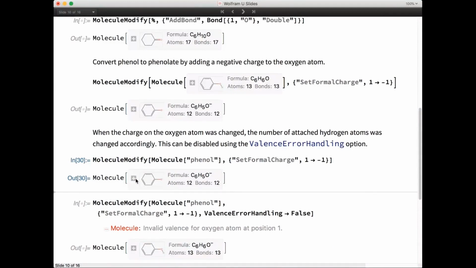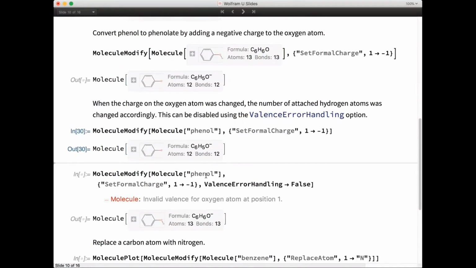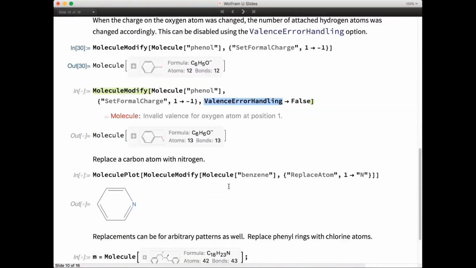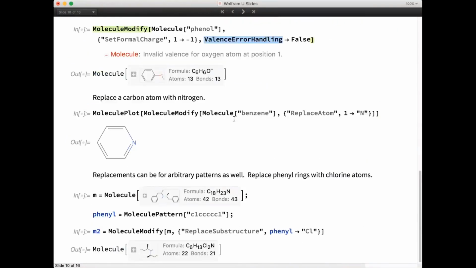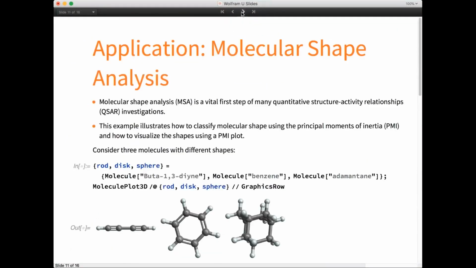Because if you have an oxygen with 2 bonds and you want to set it to a formal charge of -1, then you should get rid of one of those bonds. And so hydrogens are discardable at that point. But if you don't want that to happen, you can pass in the option to avoid valence fixing. Right. And there's more here about modifying molecules.